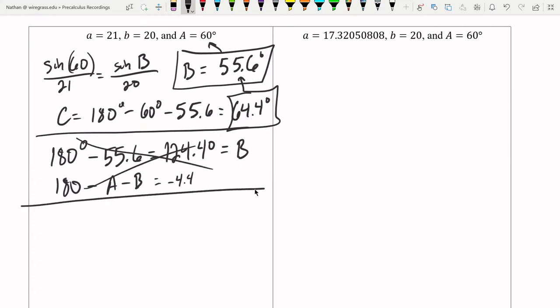Okay, going back to our original solution here. We know what the angles are, and we know what two side lengths are. Let's find the third side length. To do that, let's do a over sine A, which is sine 60, equals, let's see, C is what we're trying to find, sine C is sine 64.4.